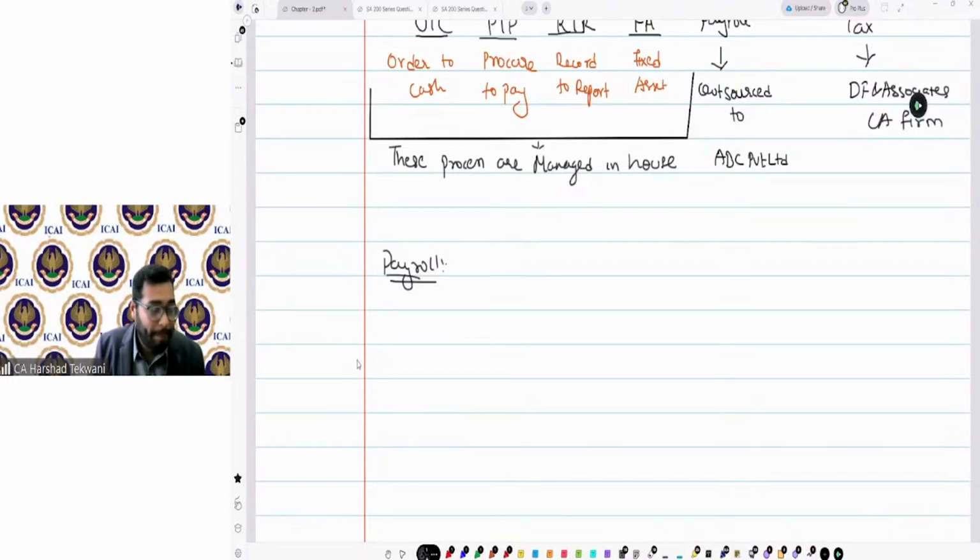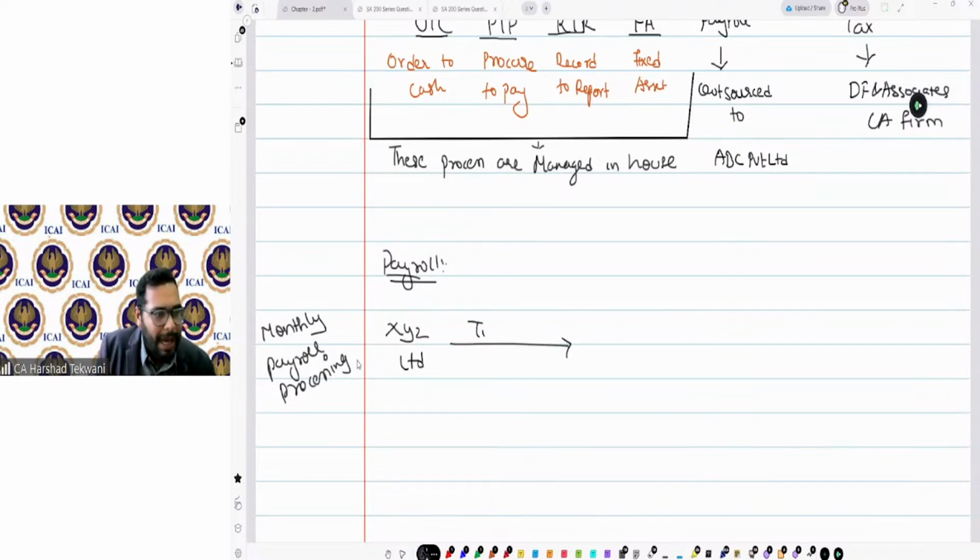So you came to know this particular thing, that with respect to payroll processing, monthly payroll processing, XYZ Limited shares the timesheet to ABC Private Limited, and ABC Private Limited in turn provides the payroll sheet to them.